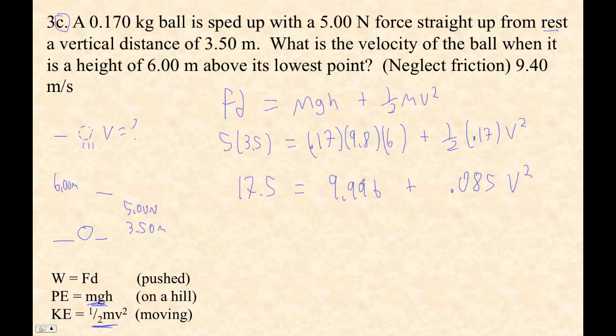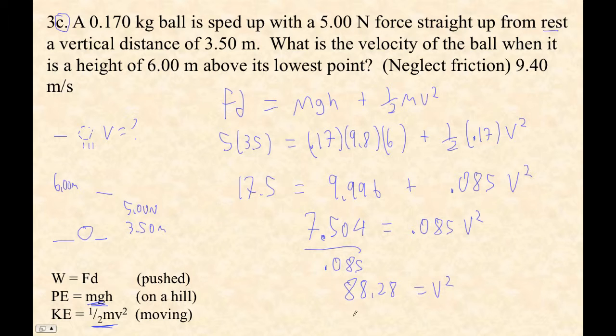So now I'm going to subtract this from this. 17.5 minus 9.996 is 7.5, sorry. And then that equals 0.085 v squared. So now I guess I divide both sides by 0.085, and I get that 88.28 is v squared.